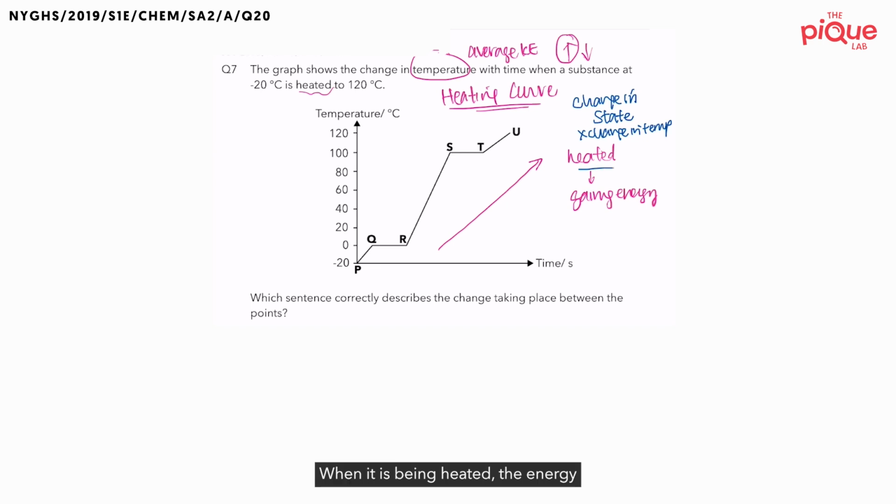When it is being heated, the energy that is being gained is used to overcome the forces of attraction that are holding the particles together instead of increasing the temperature. As a result, the temperature will remain constant. When there is a change in state, there is no change in temperature. How is that illustrated in a graph? It will simply be shown as a horizontal line like this.